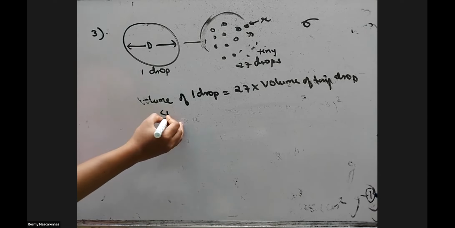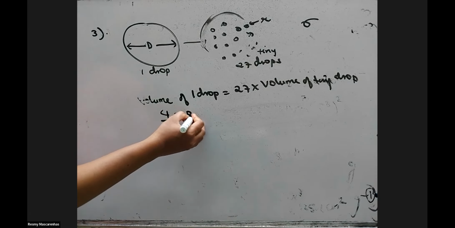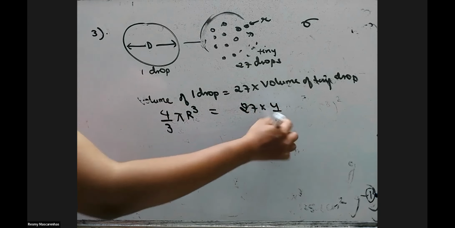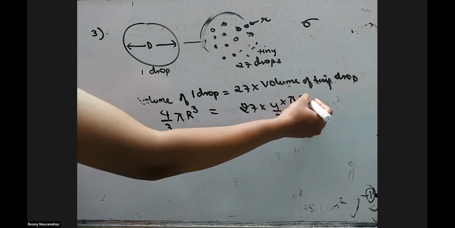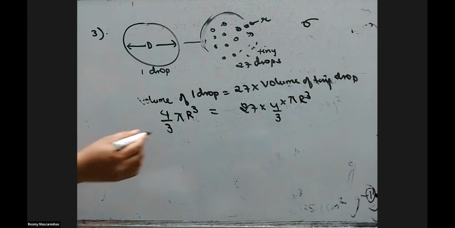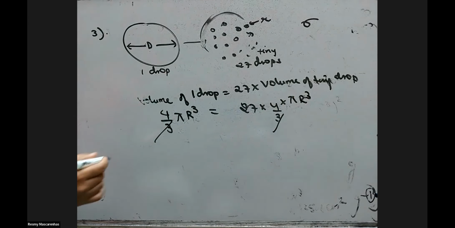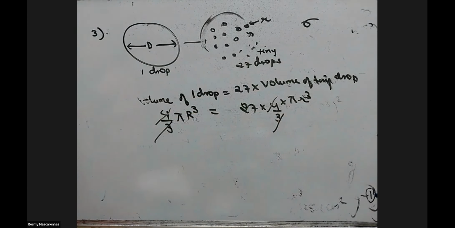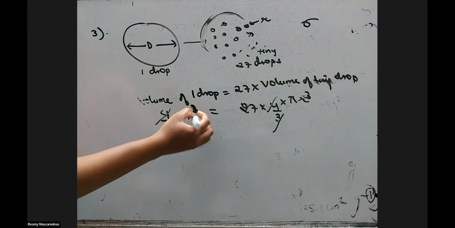Yes, it's 4 by 3 pi r cube, 27 times. I was correct actually; only the 3 I had missed out. Anyway, that would also cancel. This 4 also would cancel, and pi and pi will also cancel. The solution which they have given has some mistake. This is correct.